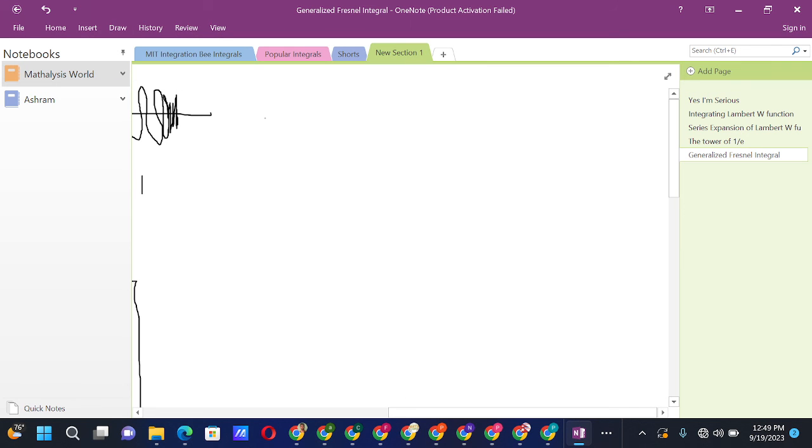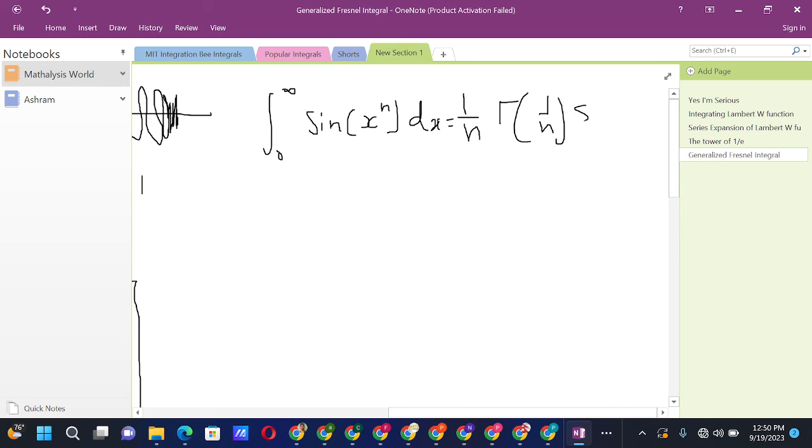So we get that the integral from 0 to infinity of sine of x to the power n dx is equal to 1 by n gamma of 1 by n sine of pi by 2n.